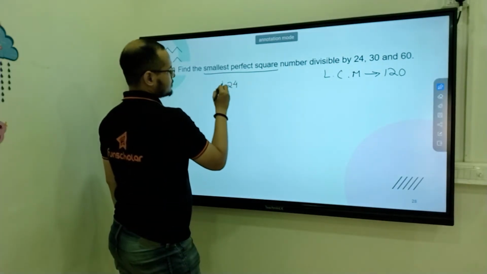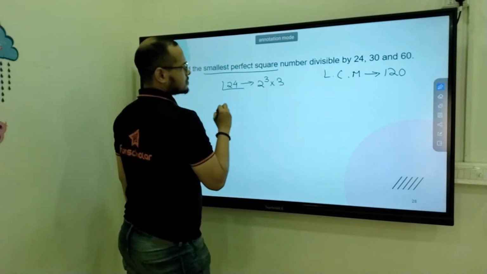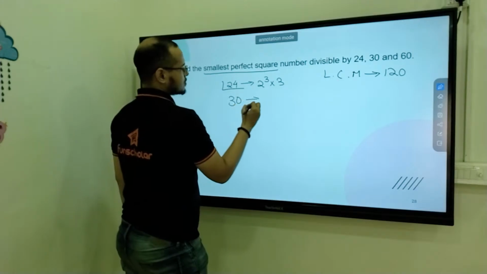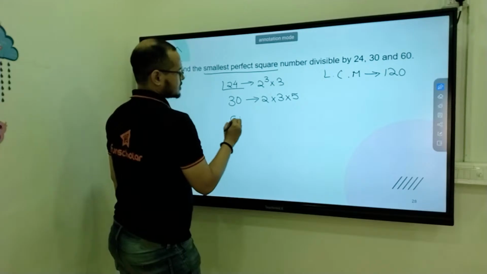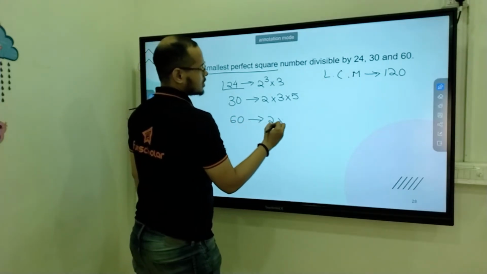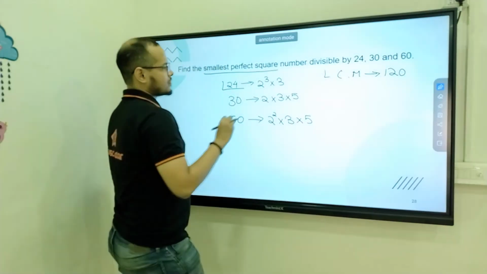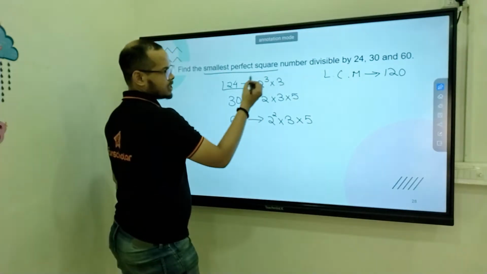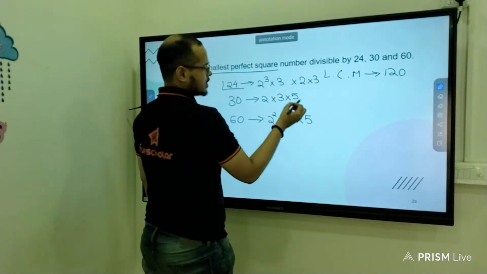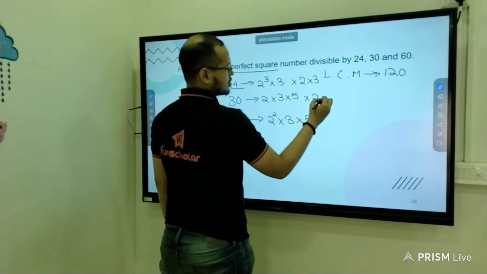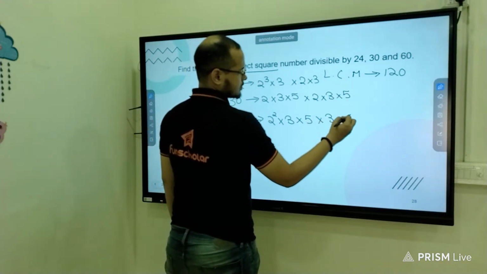So 24 is 2 to the power 3 into 3, 30 is 2 into 3 into 5, and 60 is 2 square into 3 into 5. In order to make it a perfect square, we have to multiply 24 by 2 into 3, 30 by 2 into 3 into 5, and 60 by 3 into 5.